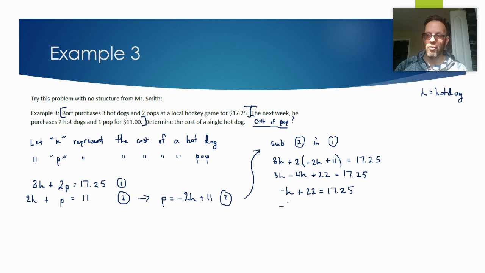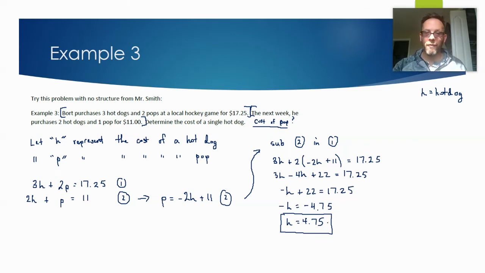Subtract 22 from each side. It looks like you get negative 4.75, which means that h equals positive 4.75. So we found the cost of a hot dog by solving that equation, 4.75.